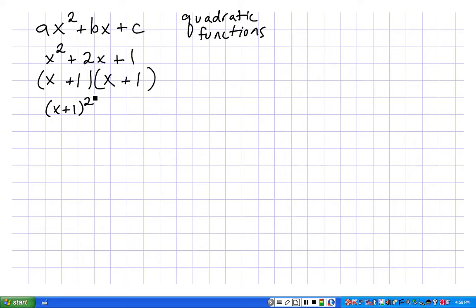Back in chapter 1 we talked about transformations, and we said that basically f of x squared, let's clean this up a little bit.